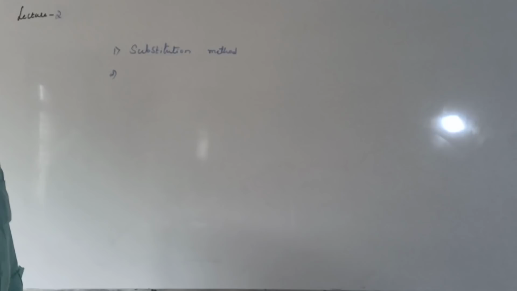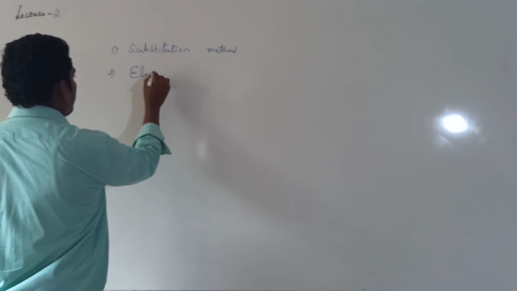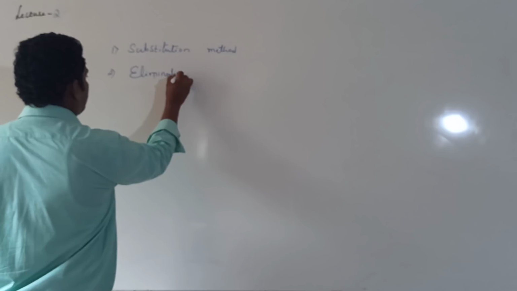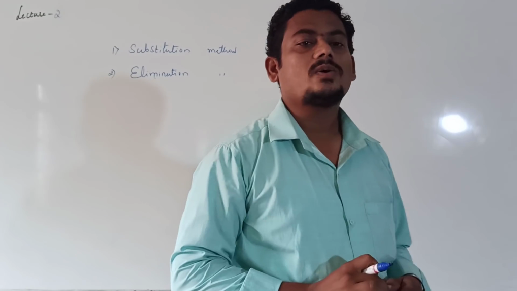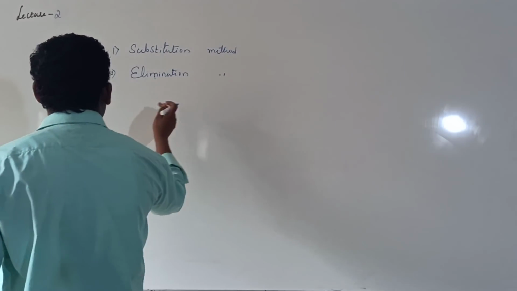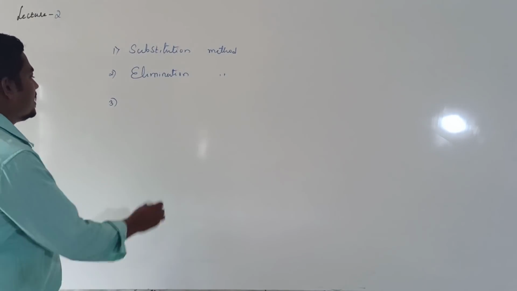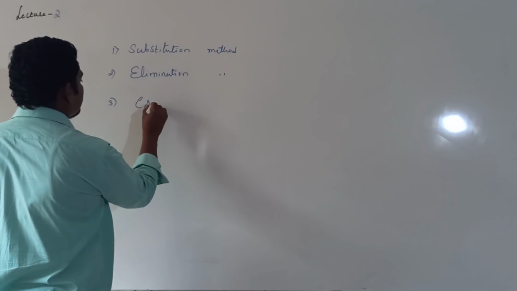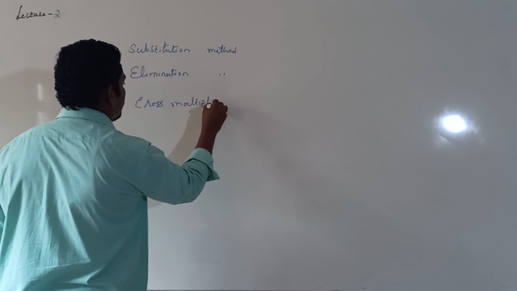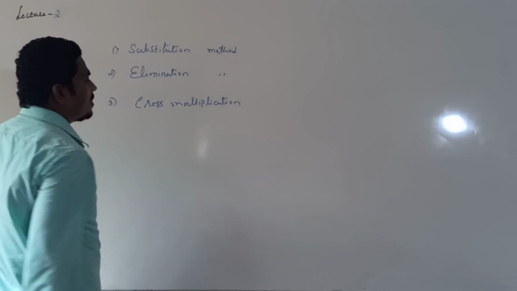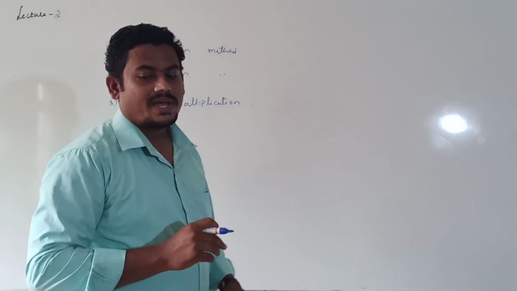Second one, elimination method, which is also known as equalizing coefficients. And the third and last one, cross multiplication method. Let us discuss them one by one.